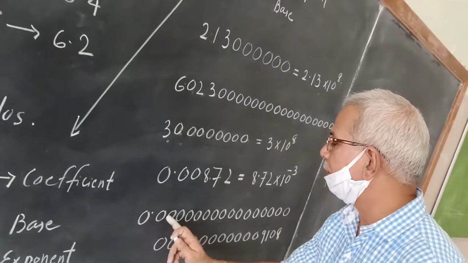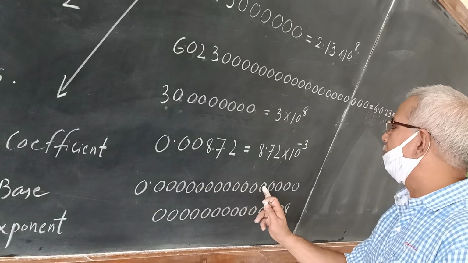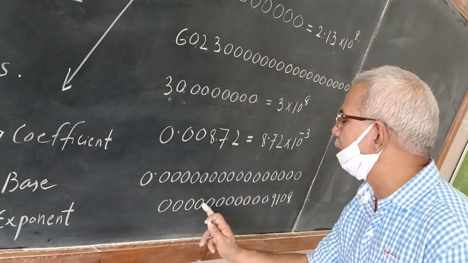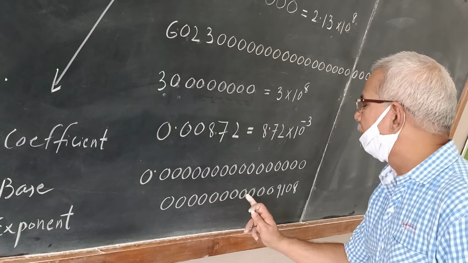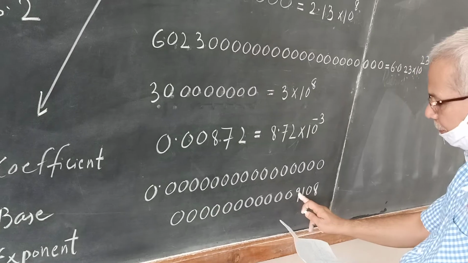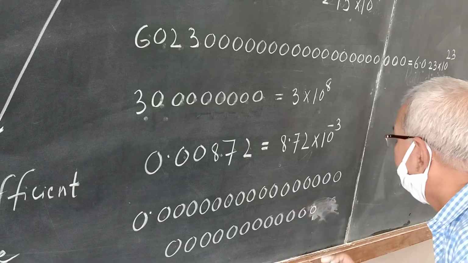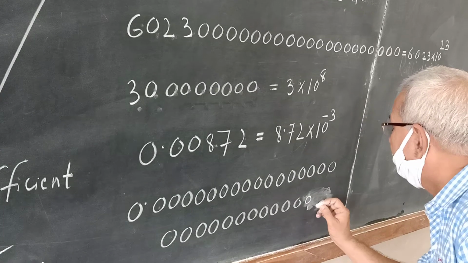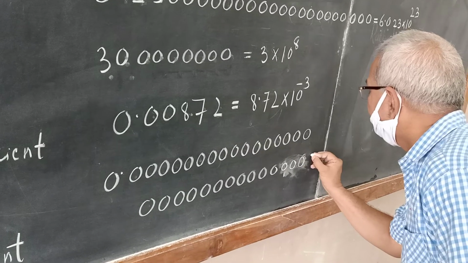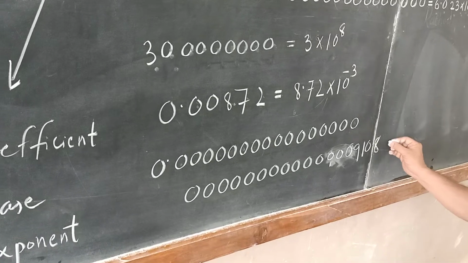After how many digits? 1, 2, 3, and so on up to 28, 29, 30 and 31.